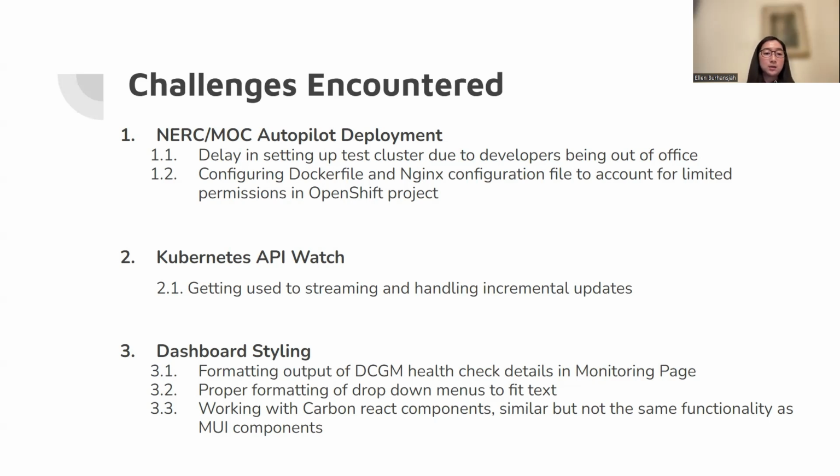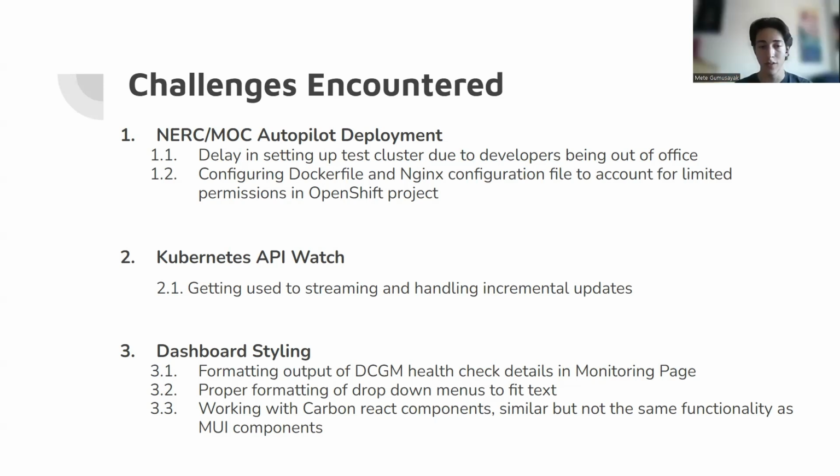In terms of the challenge of styling the dashboard, we had trouble displaying the DCGM test details because it's based on a very long JSON structure, but this was resolved by clarifying with the mentors.